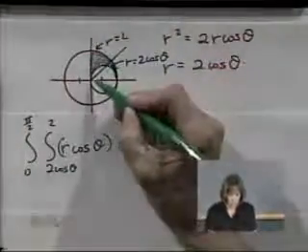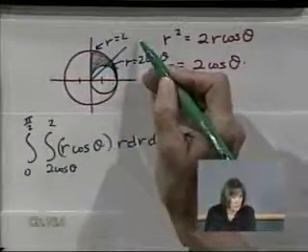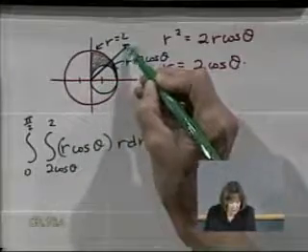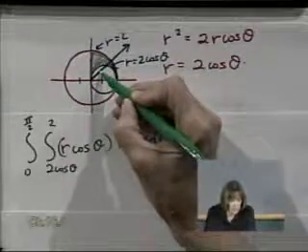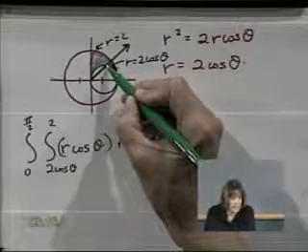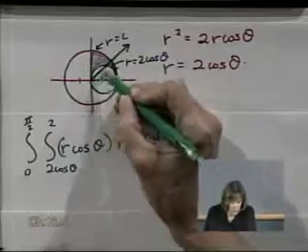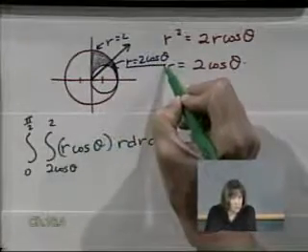Okay, take an arbitrary ray of an arbitrary angle theta emanating from the origin. As I move along that arbitrary theta, am I in the region right now? No. Am I in the region now? No. I am in the region right here. At that point, what is r? It's this inner circle whose equation is r equals 2 cosine theta.